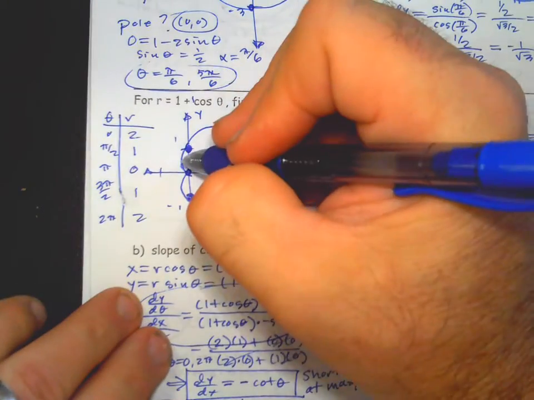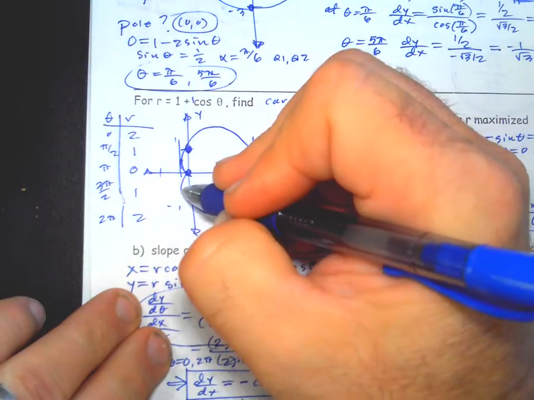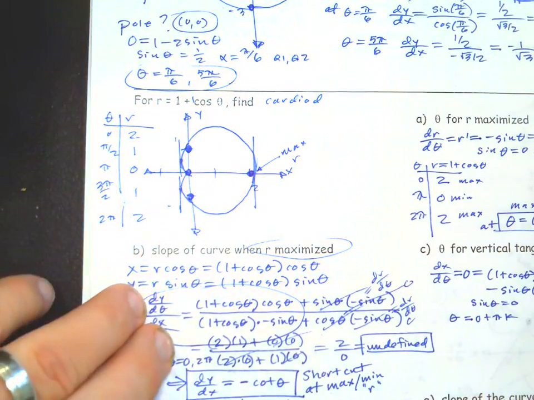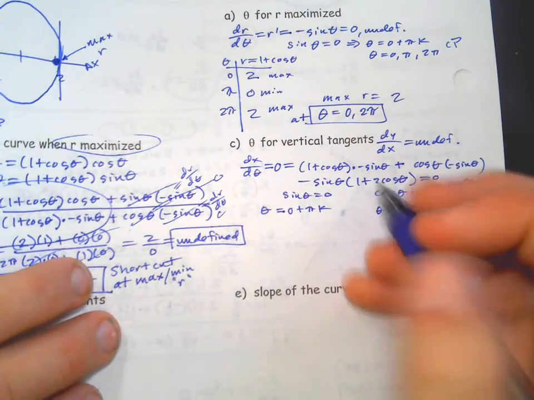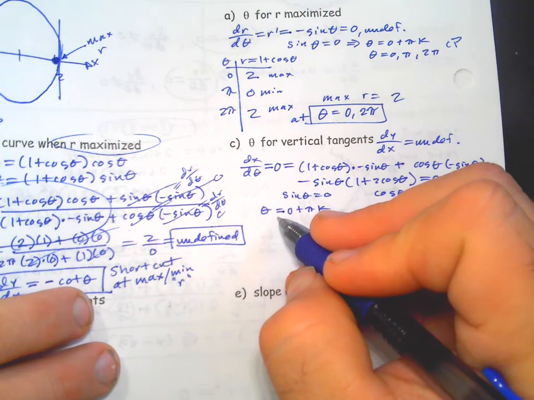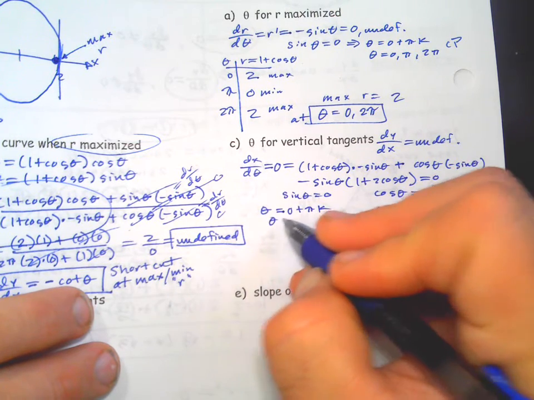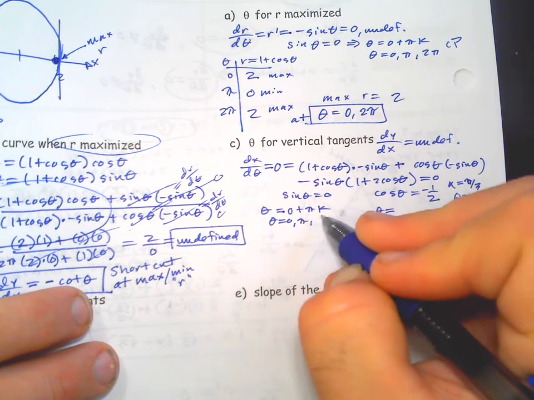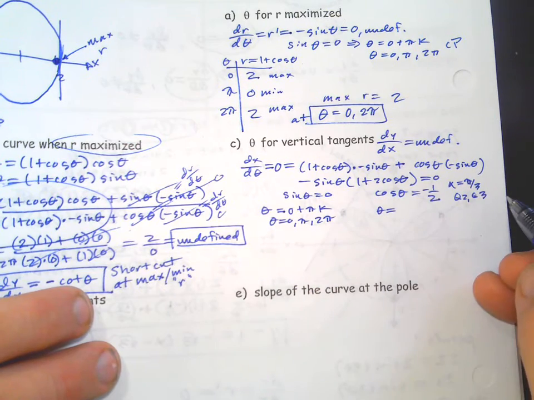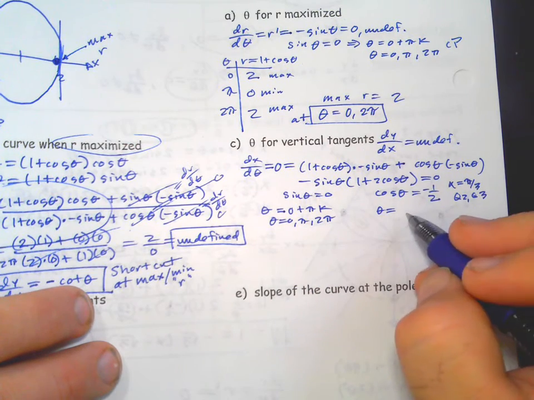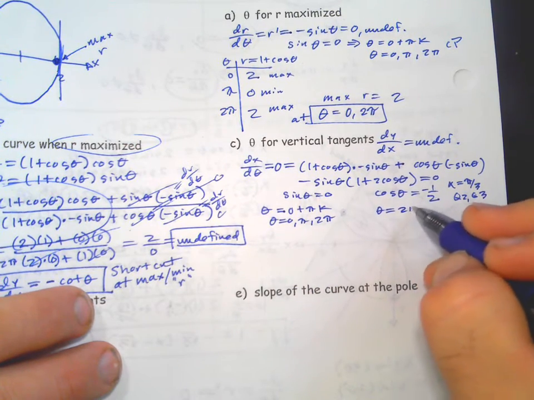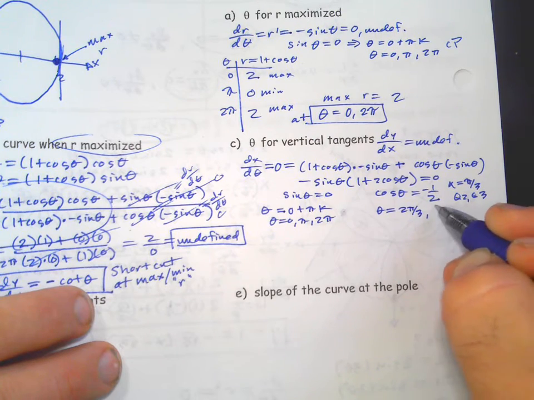We expect to get vertical tangents here, here, and here. I think there's 3 of them. Now this is going to give us 0, pi, 2 pi, and 0 and 2 pi are the same. And this is going to give you 2 pi over 3 and 4 pi over 3.